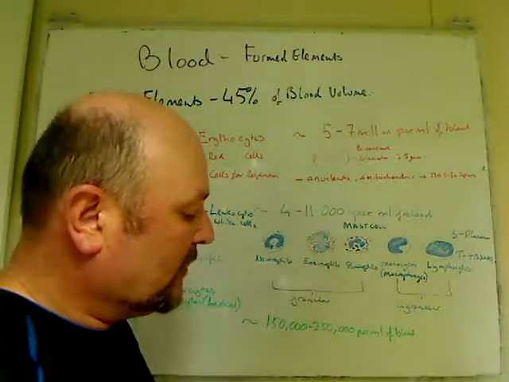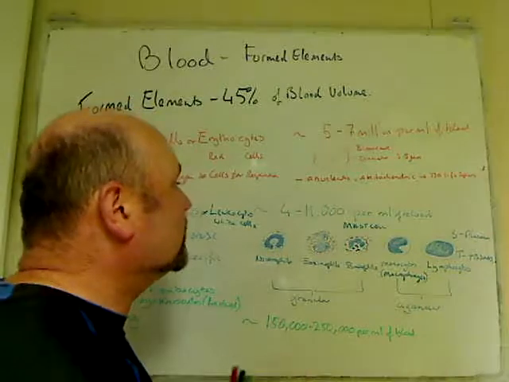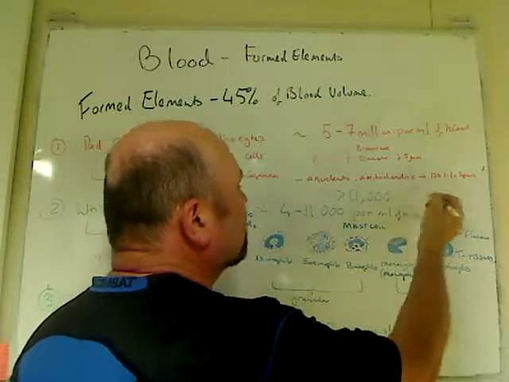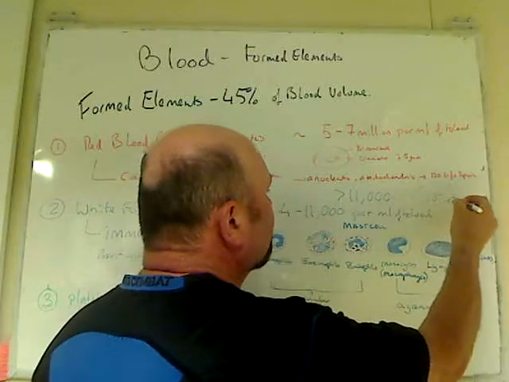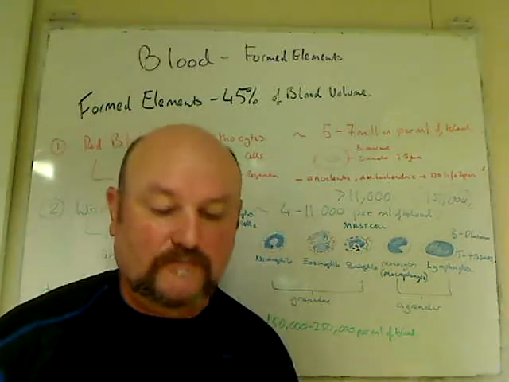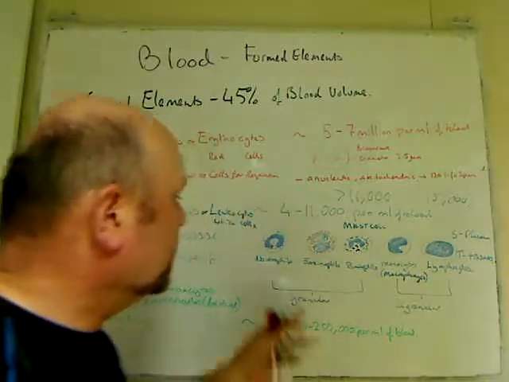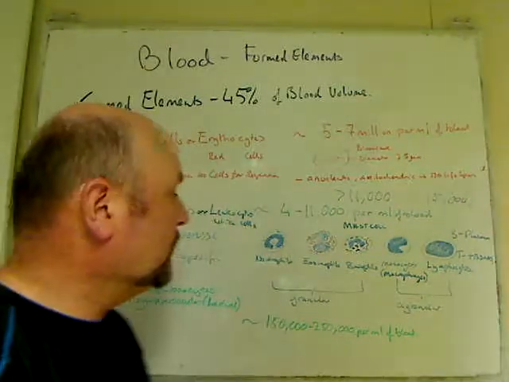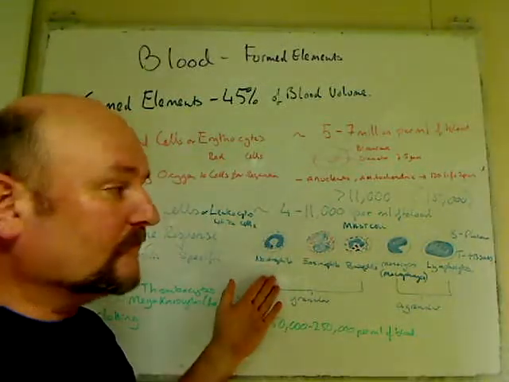So we have 4 to 11,000 of these per mil of blood. If you have a white blood cell count which is greater than 11,000, say for example 15,000, that's indicative of an infection. If it's high because the neutrophils are high, that's indicative of an acute infection, because remember, these guys are first responders.